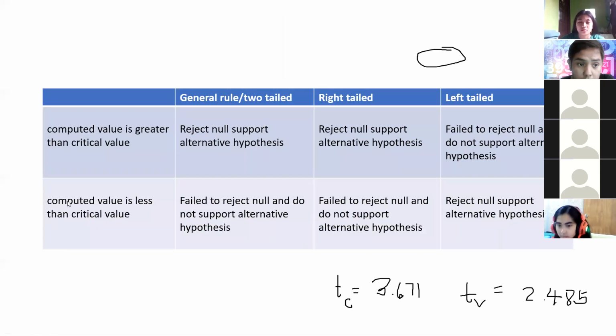Ngayon, kung yan ang given sa atin, punta tayo ngayon dito. General rule for two-tailed. So, sino mas malaki, si computed or si critical? Si computed, 3.671. Computed value is greater than critical value. Reject null hypothesis, support alternative hypothesis.